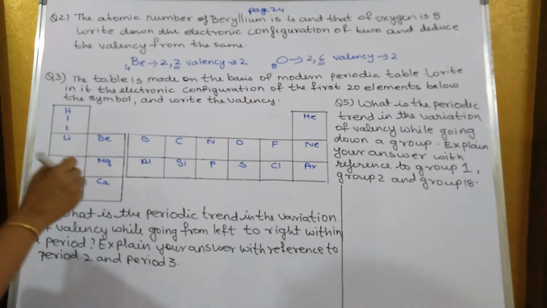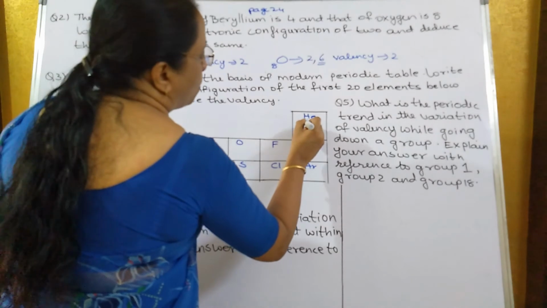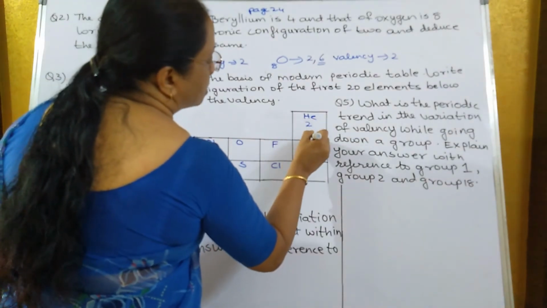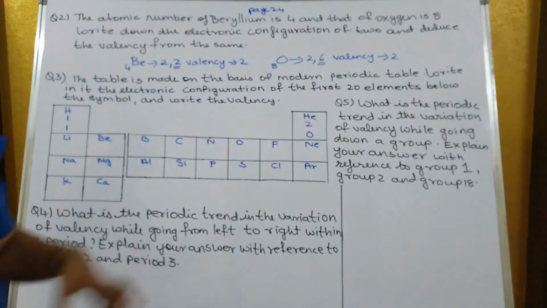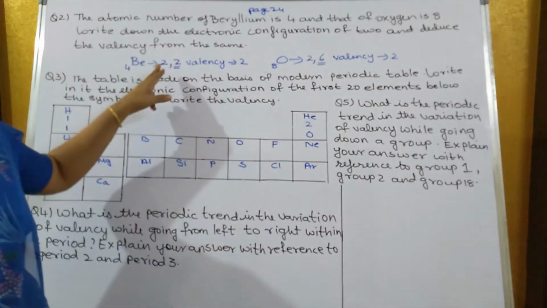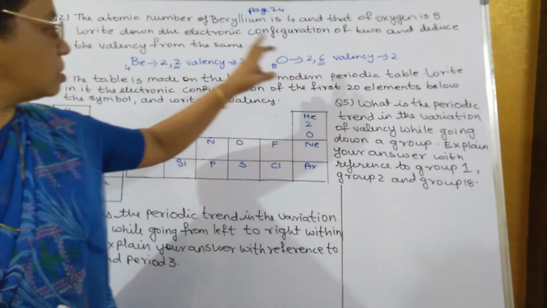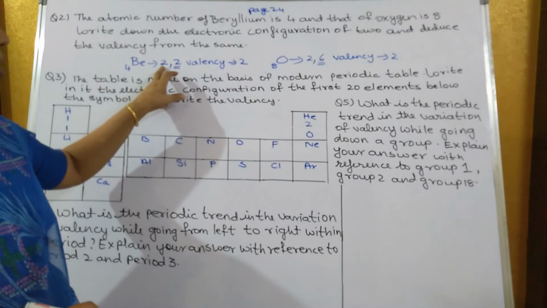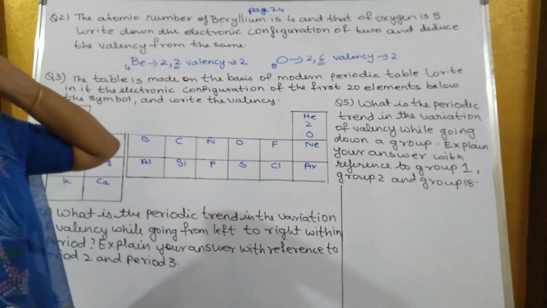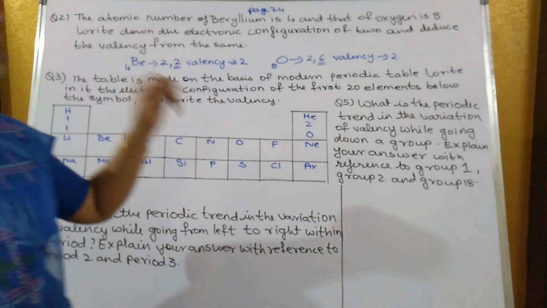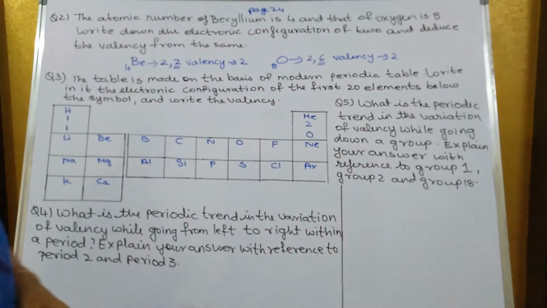Next one, helium. 2 valence electrons are there and the valency is 0 over here. Why 0? Because in the first shell it can accommodate only 2 electrons. So helium has 2 electrons and the first shell is complete, that is, it has completed its duplet. So the valency is 0. It doesn't take any electron nor give away any electron.